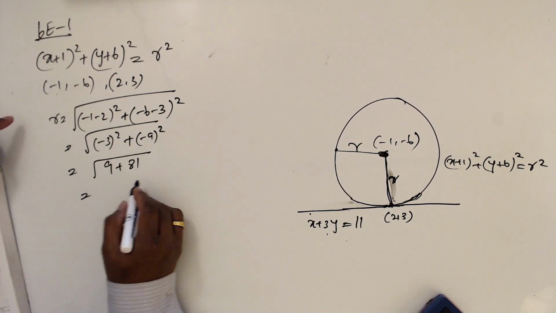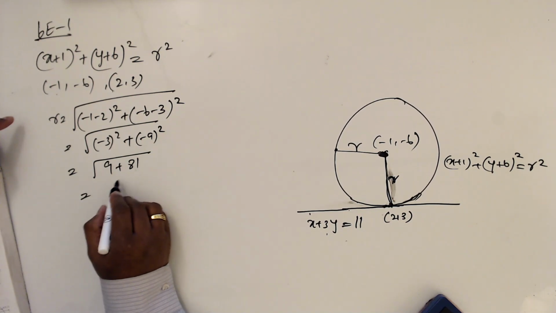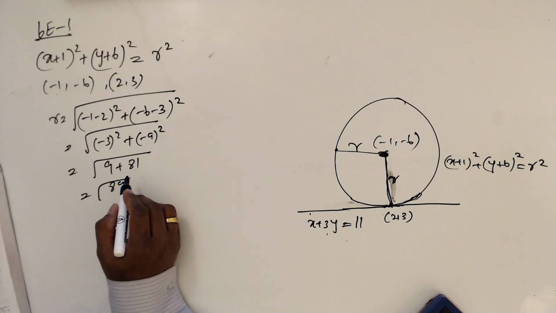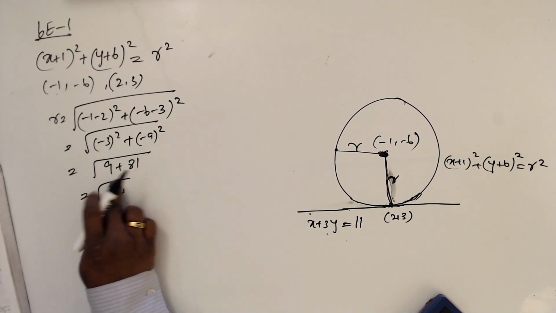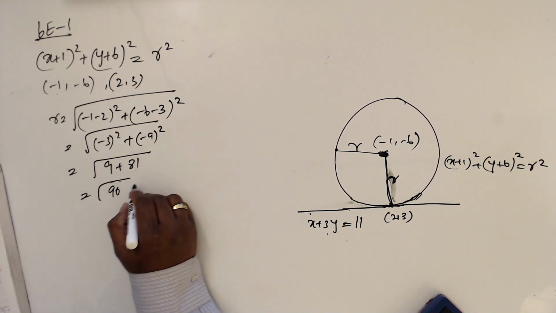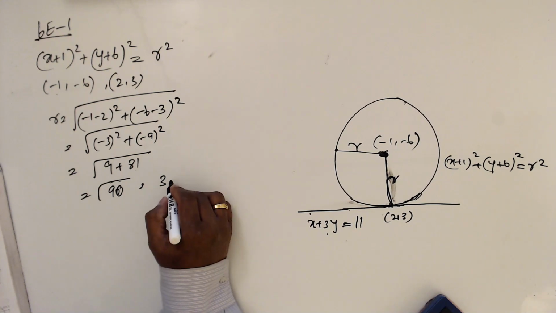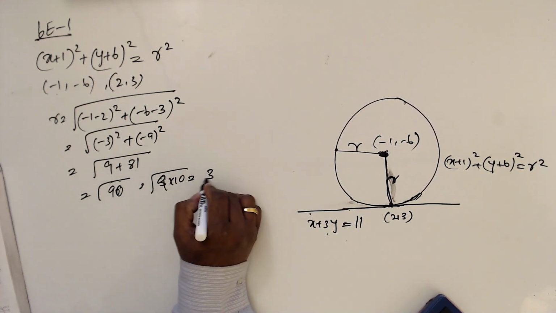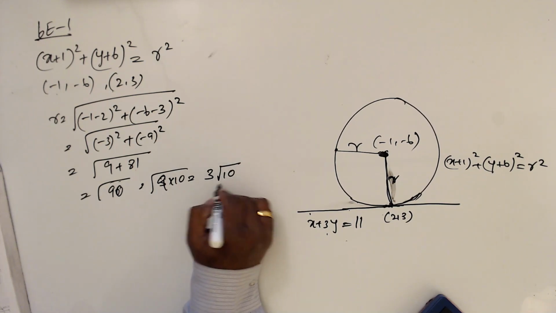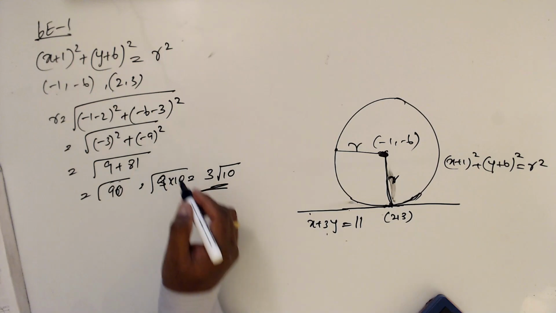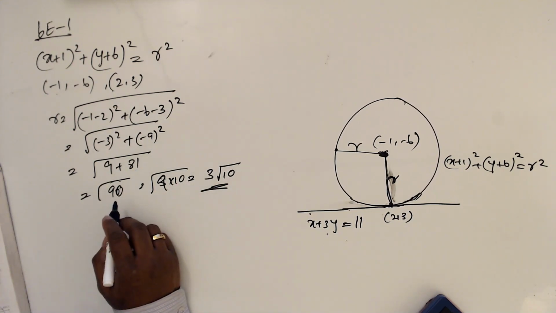It means this is going to be 89. Let me check the calculation again. Yeah, 81 plus 9 is 90, not 89. So 90 means 9 times 10, which is 3 square root 10. Now, what is r? 3 square root 10.